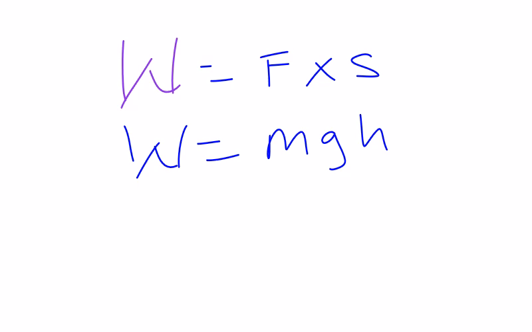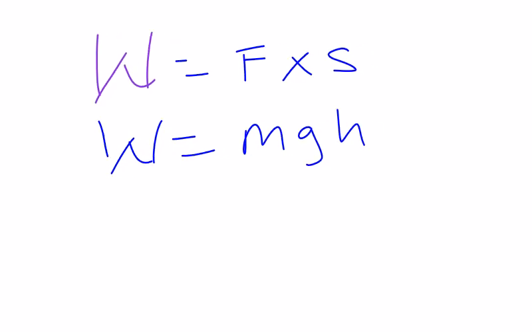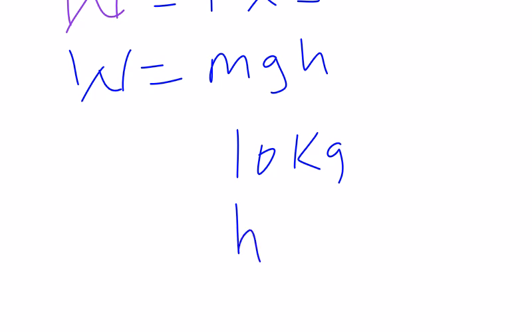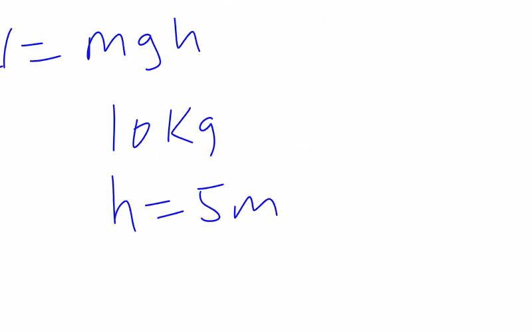So now I can give you some values and ask you to calculate work. I'll give you, let's say, 10 kilograms. I'll just give you the height, which is equal to, let's say, 5 meters. I don't need to give you a value of g, because g is a constant.